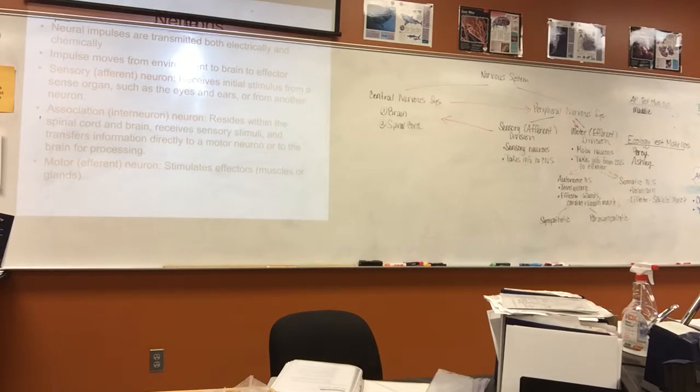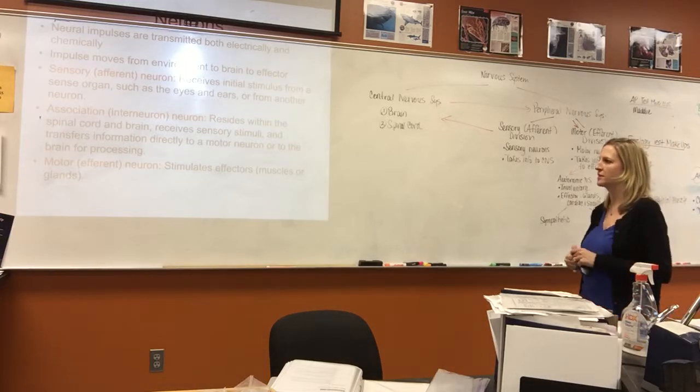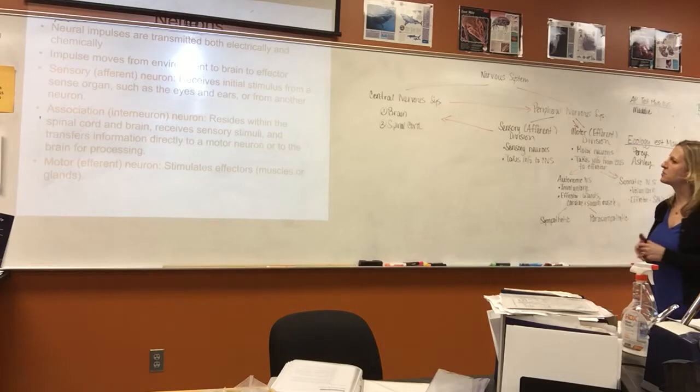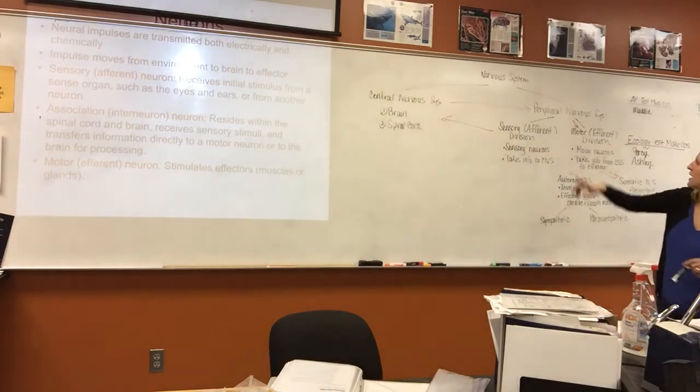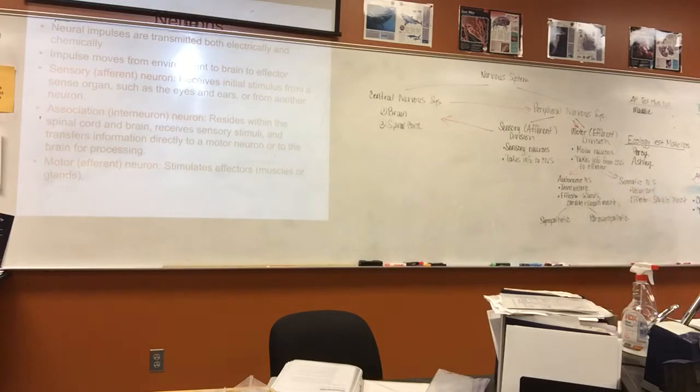They reside only within the brain and spinal cord, receive sensory stimuli, and transfer information directly to a motor neuron or to the brain for processing. And then your motor neuron is back over here in the motor division.